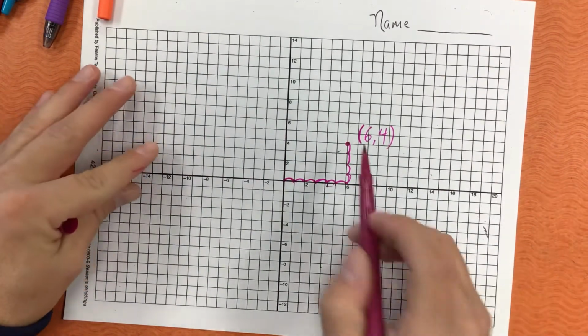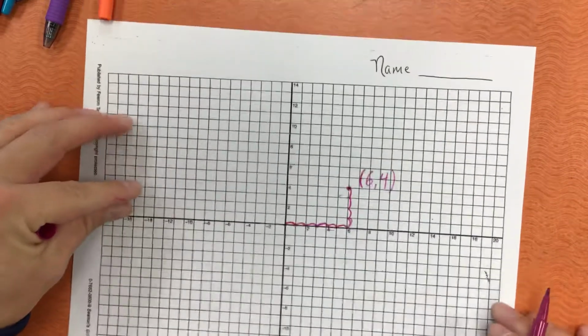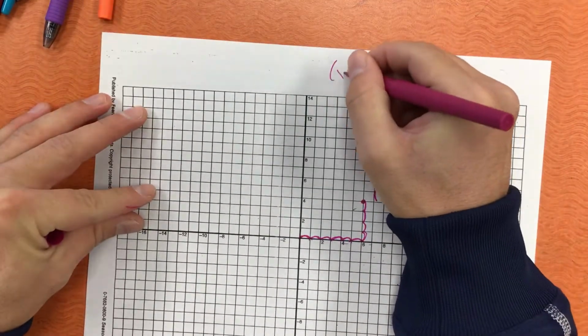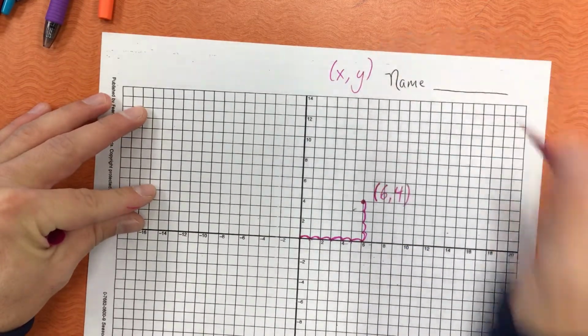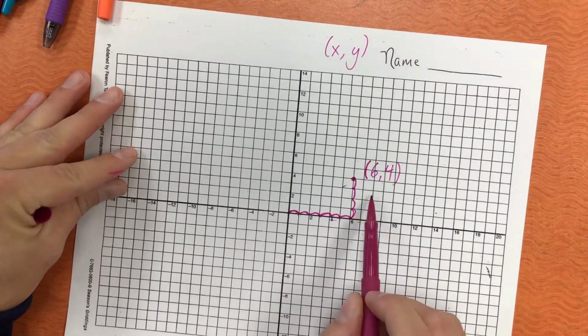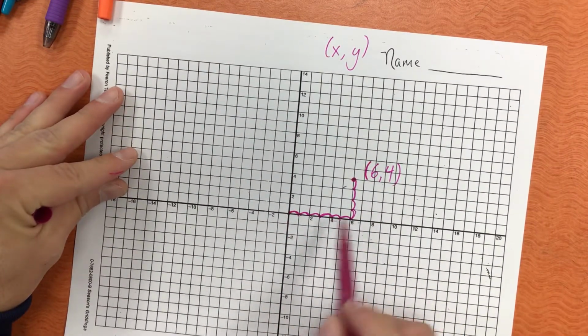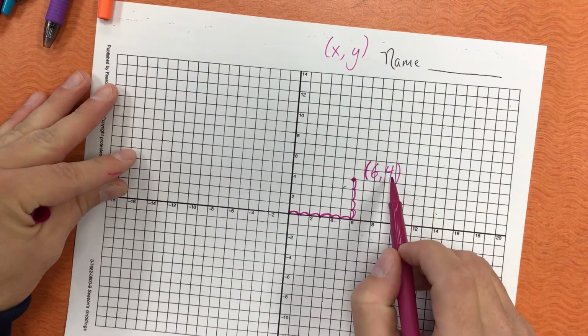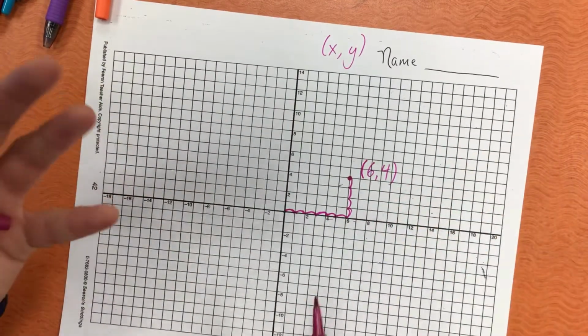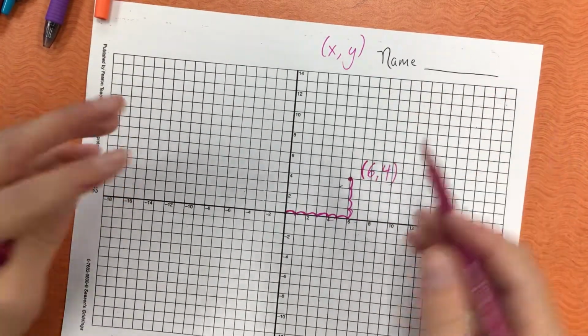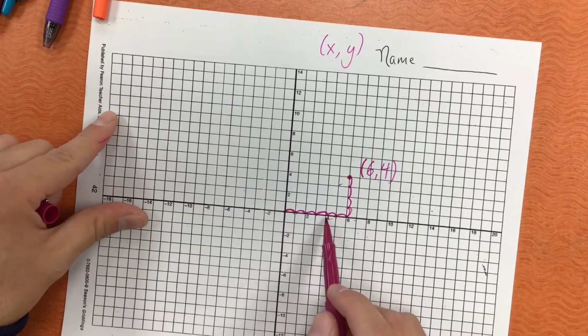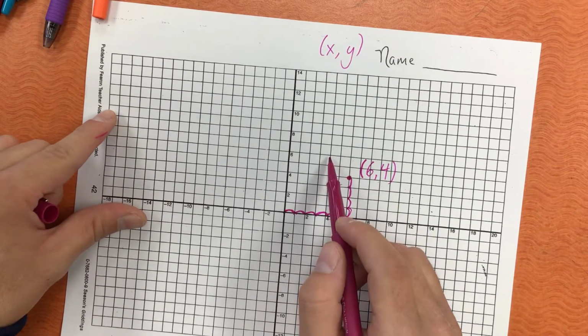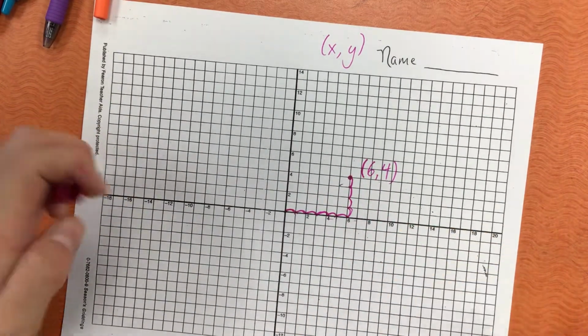Whenever you write where your point is, it's called an ordered pair. And it looks like this every time. It's X, comma, Y. So notice I put my X number first, 6. That's how far over it was. And I put my Y number second, 4. If I mix those up, if I put 4 first by accident, I would end up at 4 and 6. And that's a whole different point. So you got to make sure you put the X first.